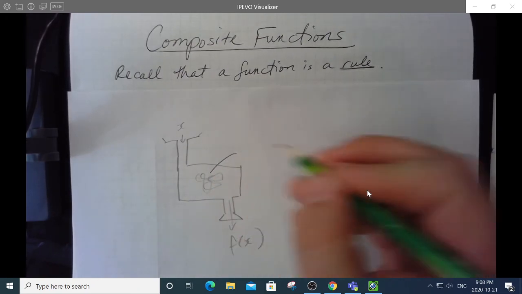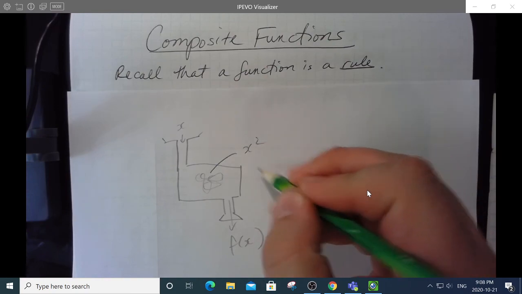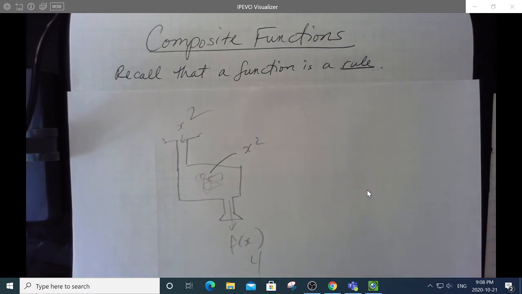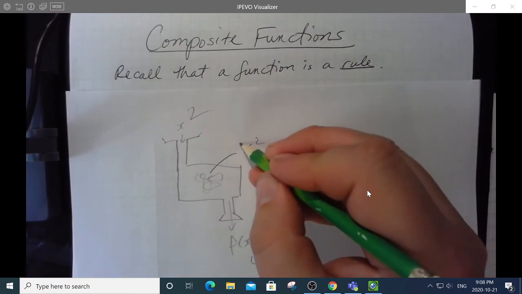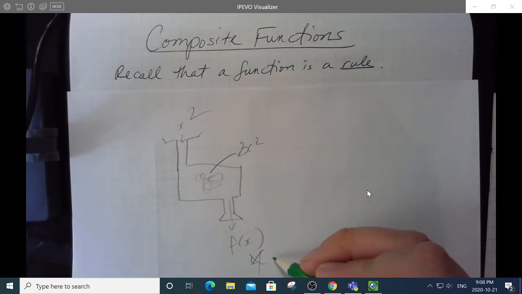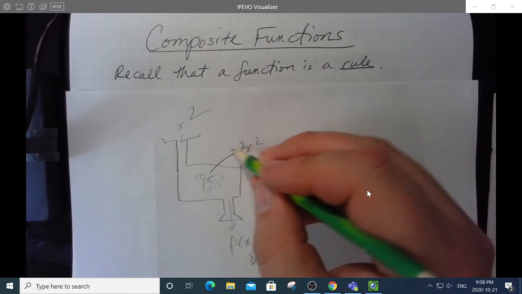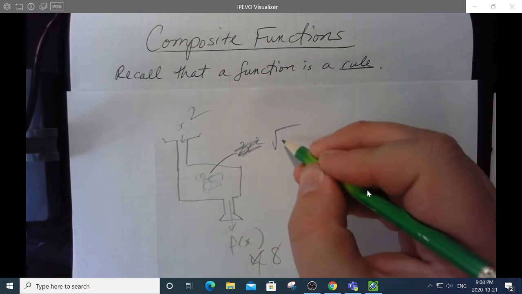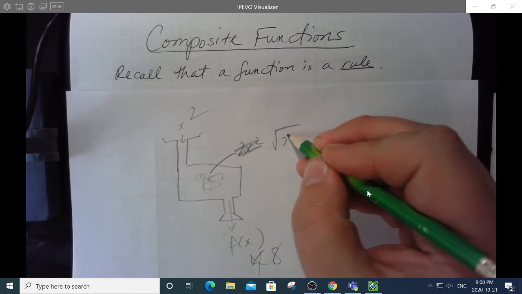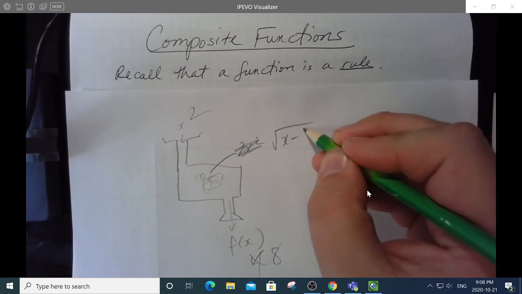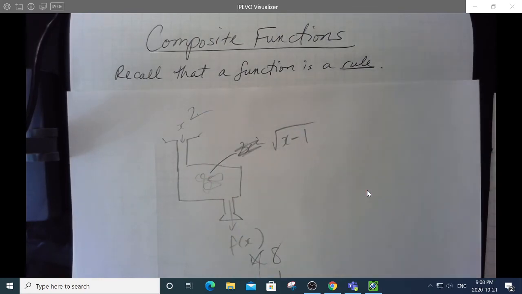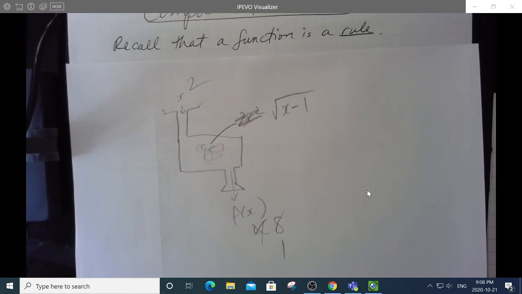So if the machine's rule is x squared, then you put in 2 and out comes 4. If the machine's rule is 2x squared, you put in 2 and out comes 8. And if the machine's rule is the square root of x minus 1, then you throw in 2 and out comes 1, etc., etc.